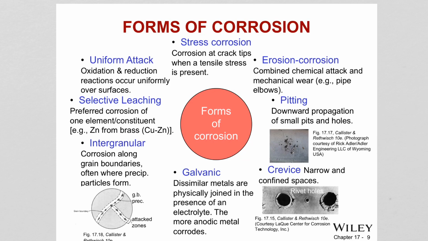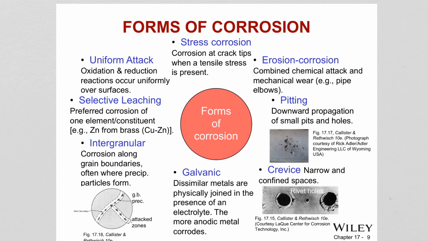In fact, it is possible some materials can be inert in a particular corrosive environment, but become susceptible to corrosion when stress is applied. So with stress corrosion, small cracks form and then propagate in a direction perpendicular to the stress.